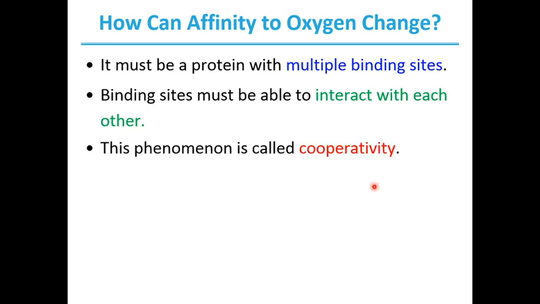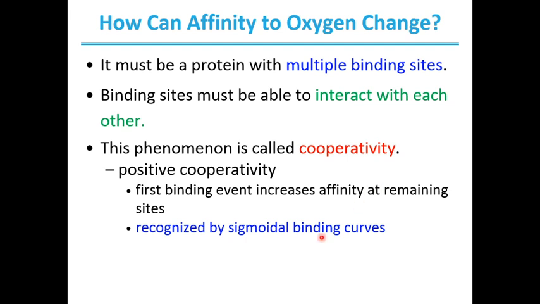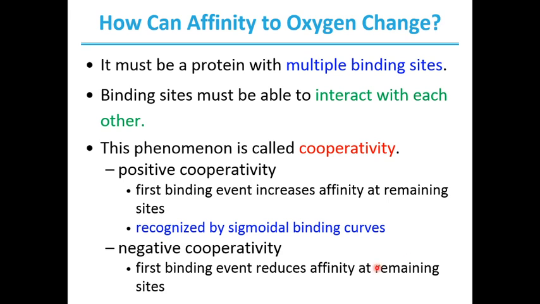This phenomenon is called cooperativity. Positive cooperativity means the first binding event increases affinity at remaining sites. This is recognized by sigmoidal binding curves. Negative cooperativity means the first binding event reduces affinity at remaining sites.